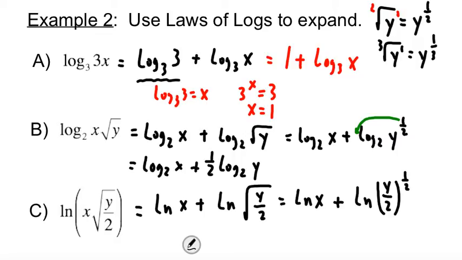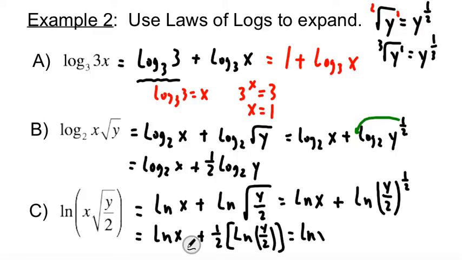This whole thing, this natural log of y over 2, everything in there is to the 1/2 power. I'm going to pull out that 1/2 power first, and then I've got this natural log of y over 2 left.